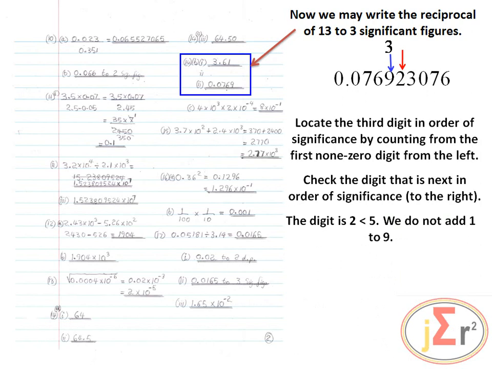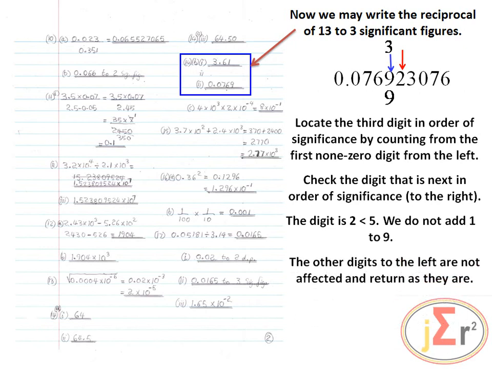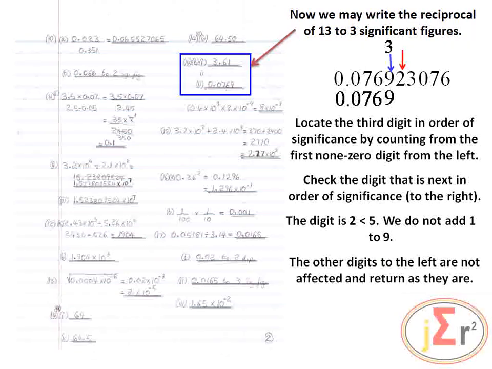We do not add 1 to the digit in question, which is 9, and of course located in the third most significant position. So we do not add 1 to 9, and 9 returns as it is, and the other digits to the left are not affected and return as they are, like that.